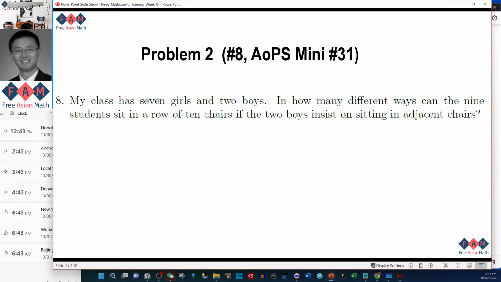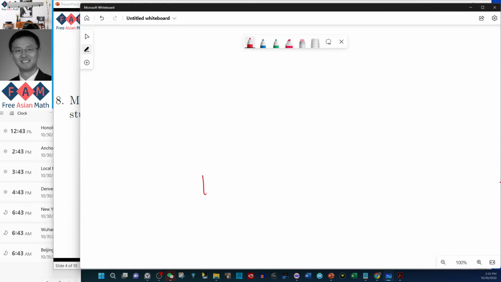Well, it seems that this constraint is quite significant, right? 2 boys, they have to sit together. That means that the 2 boys will be something like this. If put in seating, they cannot be separated by anyone. So there's no girl in between. So you have 1, 2, 3, 4, 5, 6, 7, 8, 9, 10 chairs.